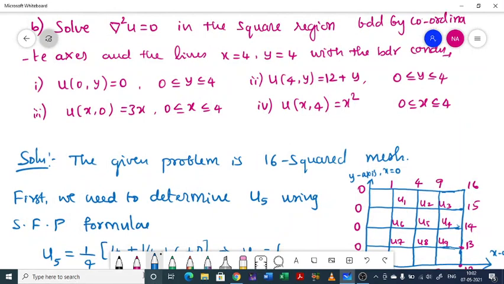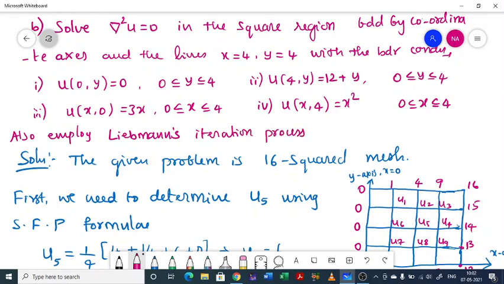Also employ Liebmann's iteration process to compute second iterative values.